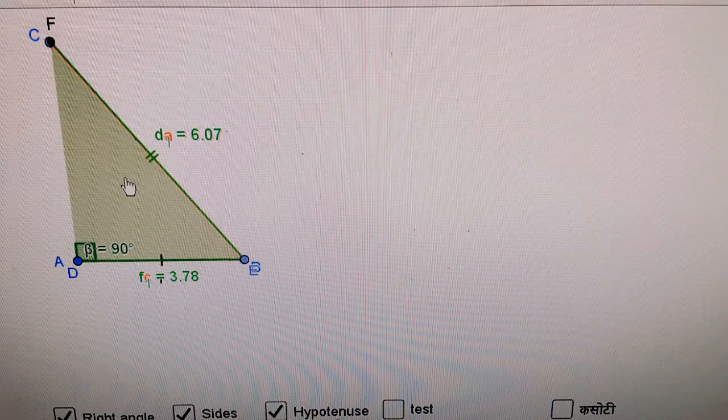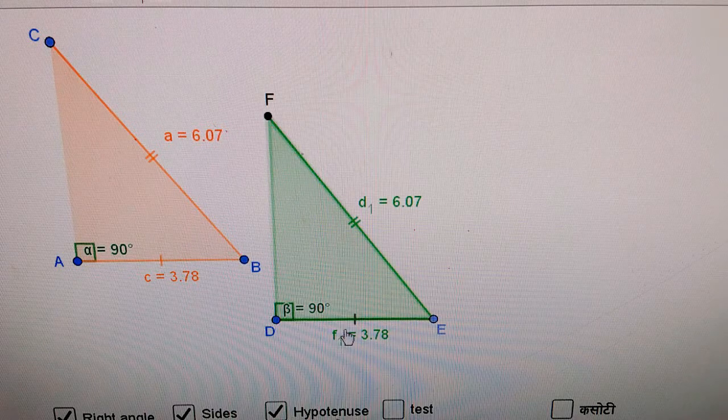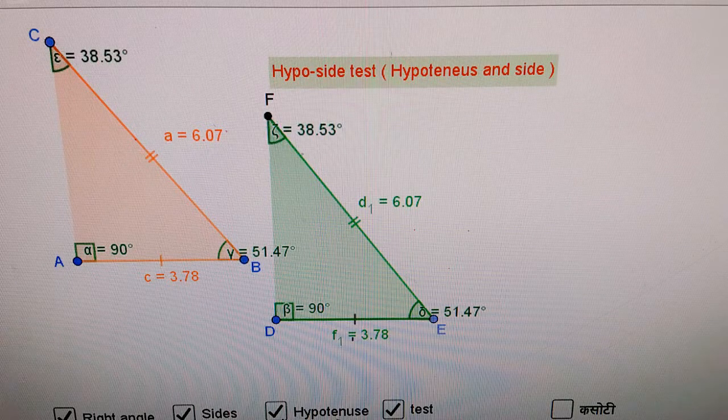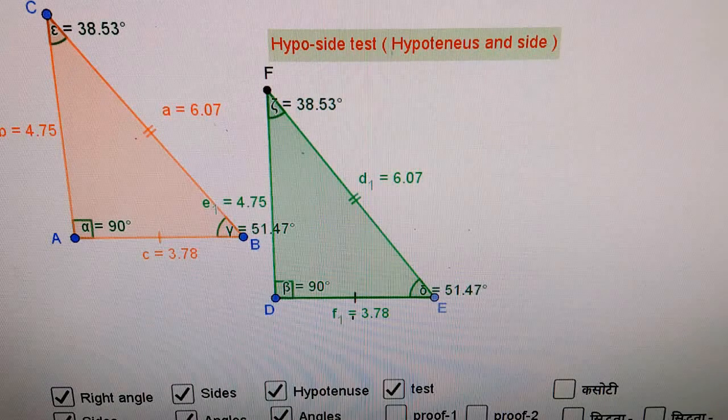That means using this information, hypotenuse and one side, these two triangles are congruent by the hypotenuse side test. Well student, we will see the remaining elements of these two triangles here. Again this angle B is congruent to angle E as well as angle C congruent to angle F, and the third side here CA is congruent to side FD.